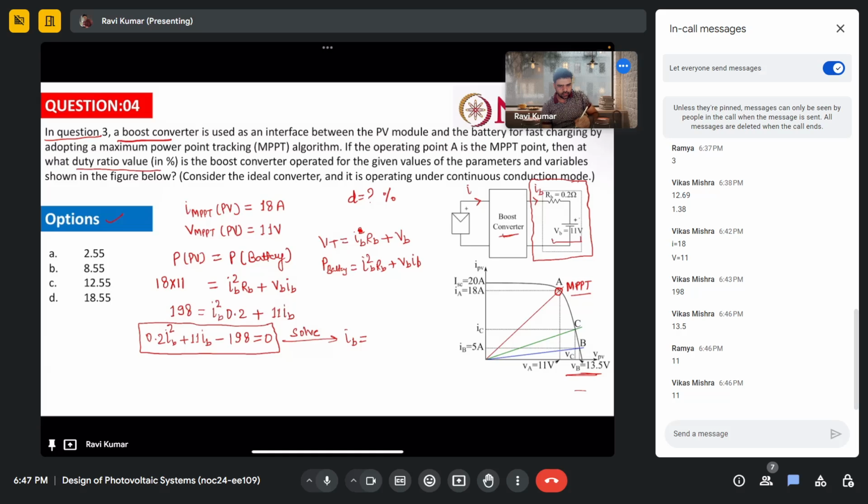We have minus B plus minus root B square minus 4AC divided by 2A. These are the solutions of X. This is the general formula. So this is A, this is B, and this is C. Put the values of A, B, C and find IB.